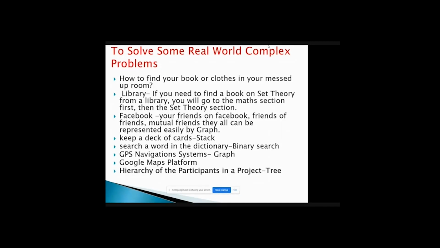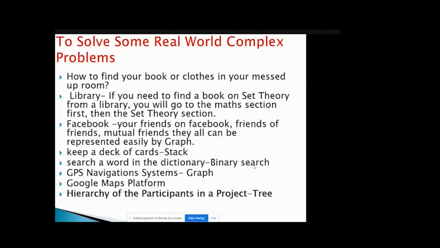That's a very important application which we use in the GPS navigation system, because Google Maps also goes for the shortest path. It always shows the path which has the shortest distance. So you can see that a graph is being used in several applications like GPS navigation systems.